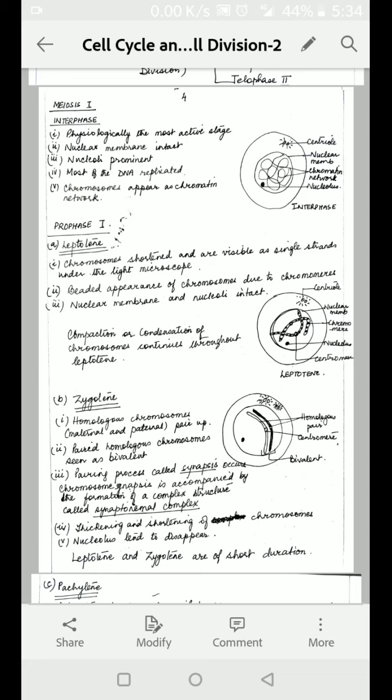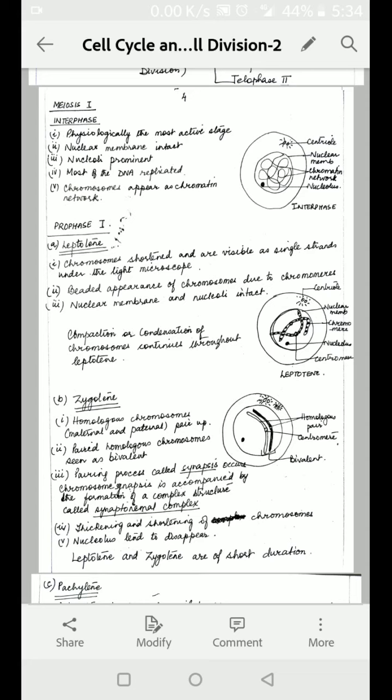this synapsis is accompanied by the formation of a complex structure which is called synaptonemal complex. And there is thickening and shortening of chromosomes. The nucleoli, they tend to disappear.